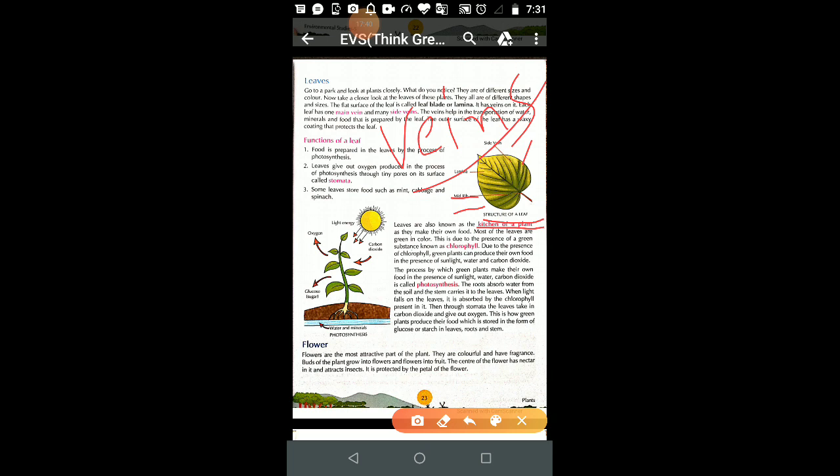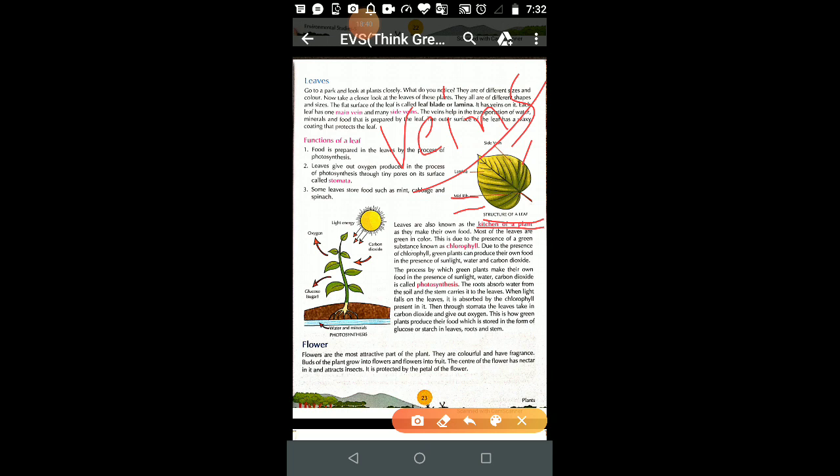Let's discuss some of the characteristics of living things. Living things grow. Living things need food. Living things reproduce. Living things breathe. These are some of the characteristics of the living things.